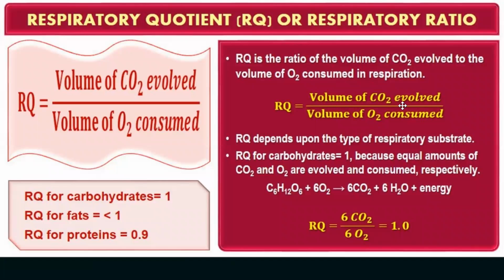Now let's calculate the respiratory quotient or the respiratory ratio. Respiratory ratio, that is RQ, is the ratio of the volume of carbon dioxide evolved during respiration to the volume of oxygen consumed. So RQ depends upon the type of respiratory substrate.